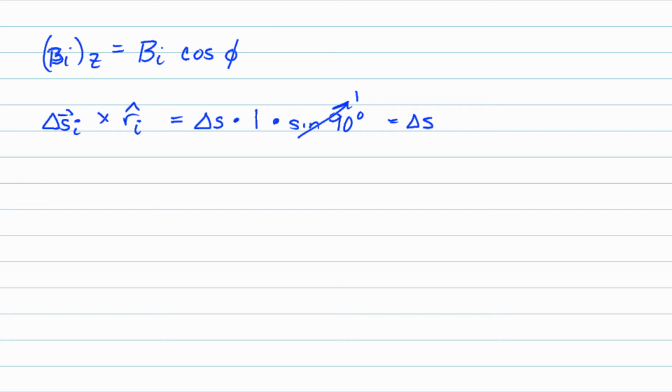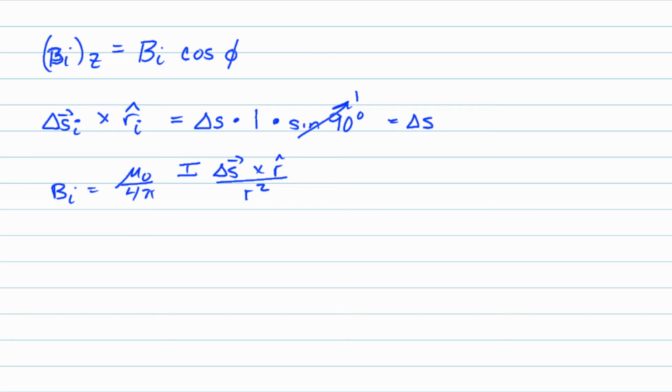The magnitude of the total magnetic field vector for the ith segment can then be written as mu naught over 4 pi times I times the magnitude of delta S crossed with the R vector, over R squared.